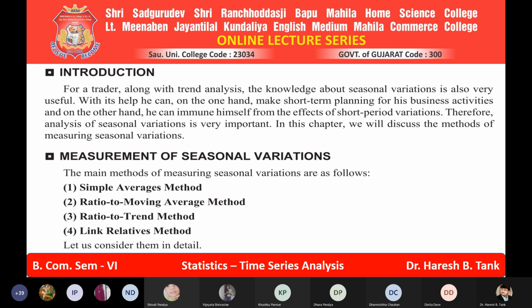So we'll start the next methods for seasonal variations in the next lecture. To measure the seasonal variation, there are 4 different methods, of which 2 are in your syllabus this year. The third and fourth are not in your syllabus this year. I have respective examples for it. If you have any question, the floor is open right now.